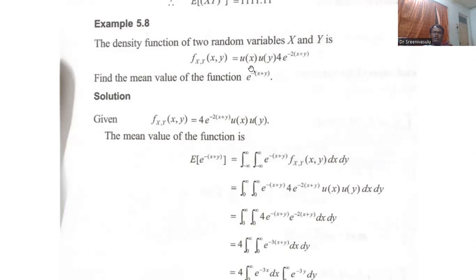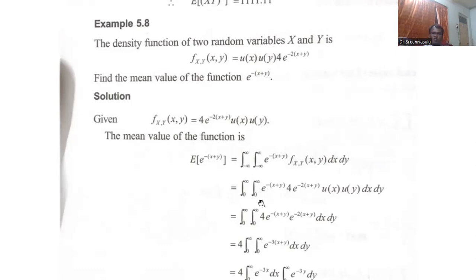Now, what is the u(x) here? You know, the unit step function. The unit step function is 1 for x greater than or equal to 0, and similarly u(y) is equal to 1 for y greater than or equal to 0. So the limits for x are 0 to infinity, and the limits for y are 0 to infinity.